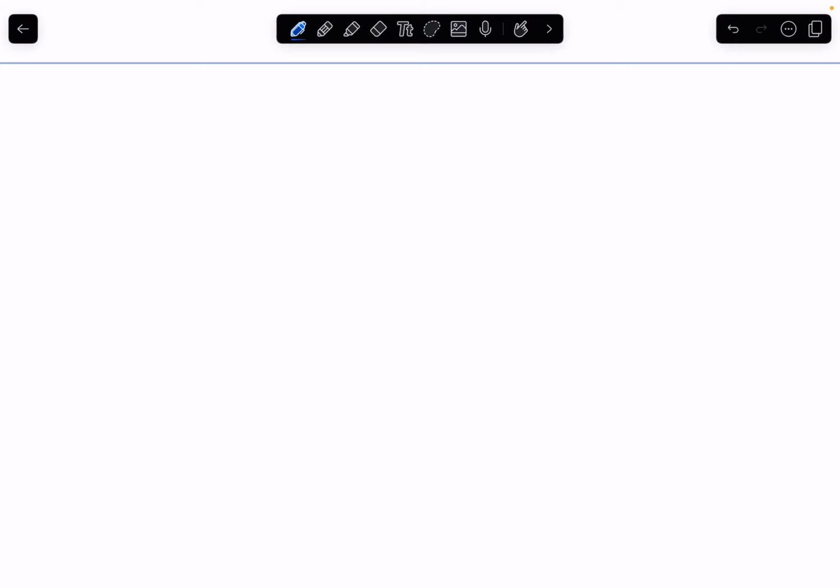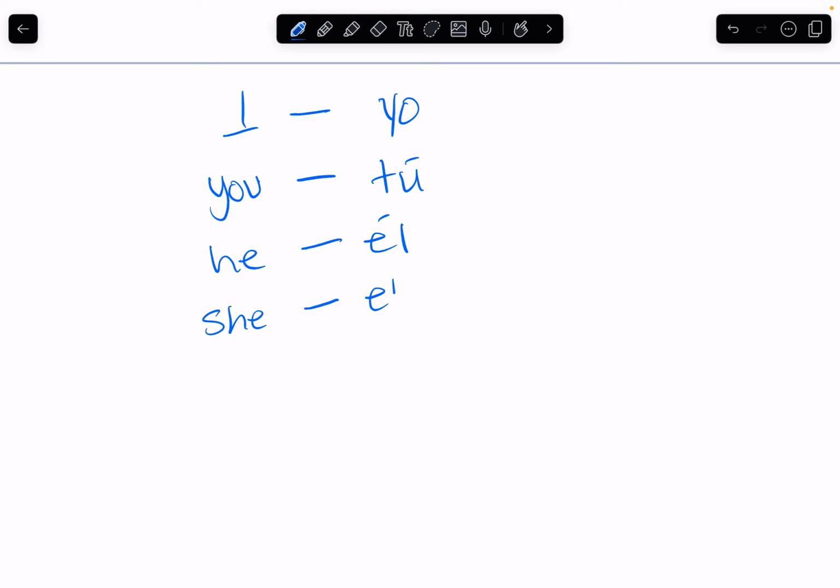So in Spanish, the pronoun for I is yo. For you, it's tú. For he is él. For she is ella. For you, formal, which is what we learned in the first chapter, formal es usted.